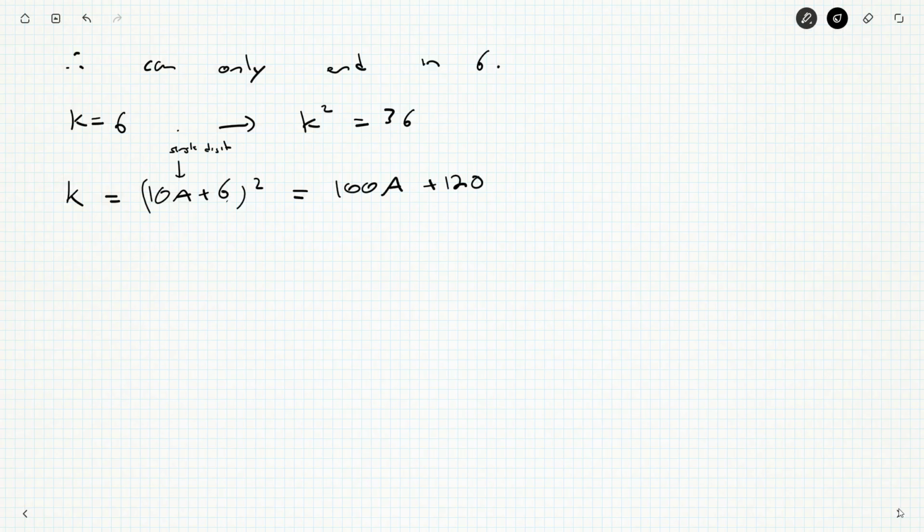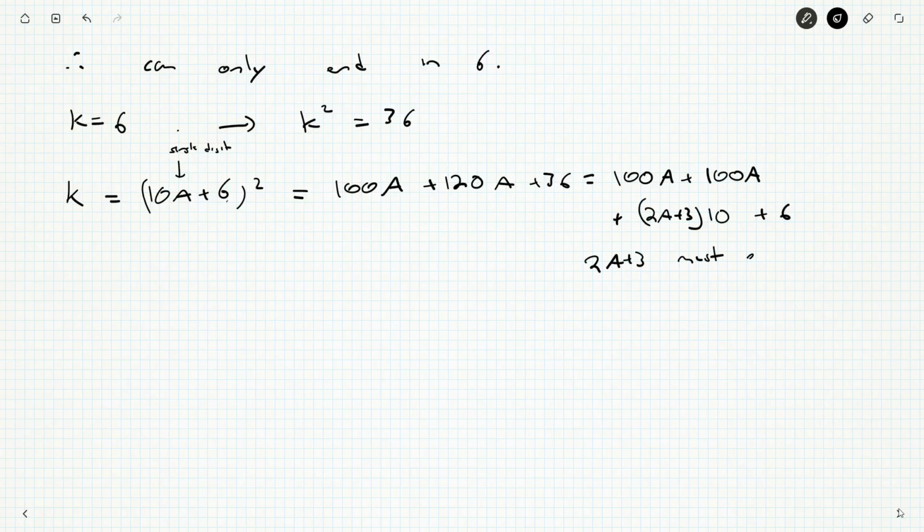So it'll be plus 120a plus 36. And so that will be 100a, doesn't contribute to the digits at all, plus another 100a, doesn't matter, plus 20a plus 30. So that's 2a plus 3 times 10 plus 6. So 2a plus 3 must end in an a.